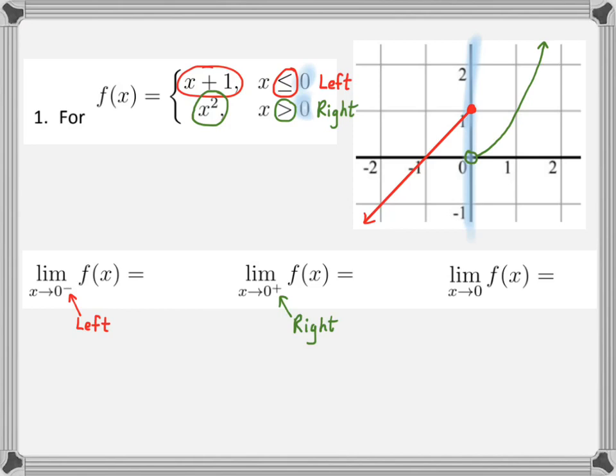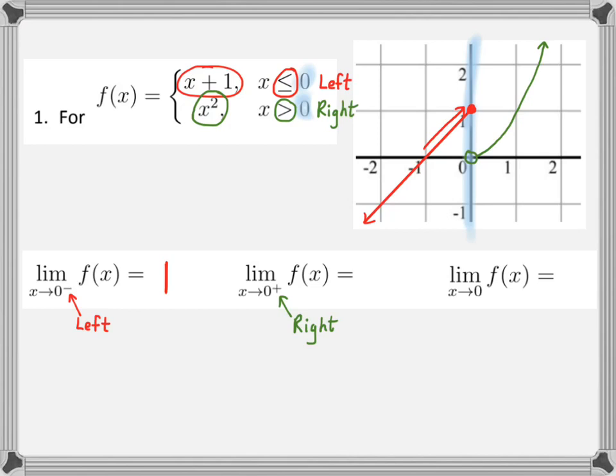Now we're ready to consider our two limits, or three limits. So what would be the value, do you think? Again, I'm asking you, the viewer, to think about this. As x approaches 0 from the left, what is f of x approaching? Were you thinking 1?